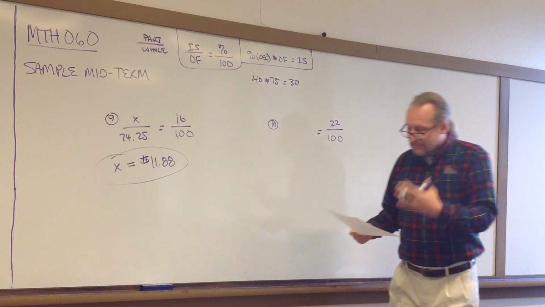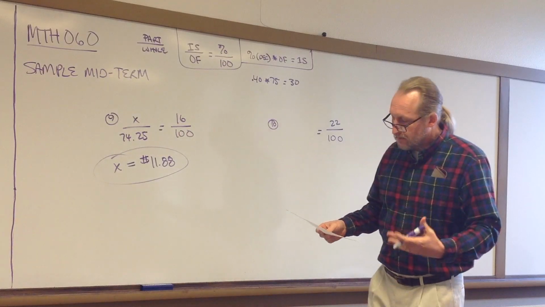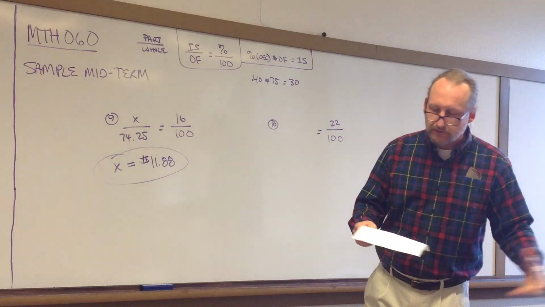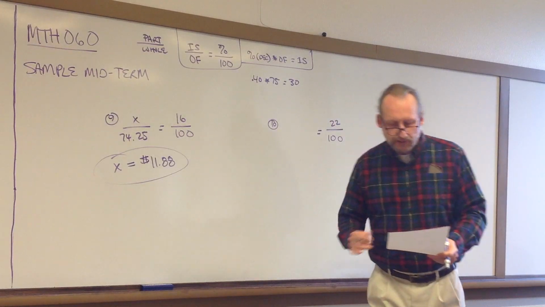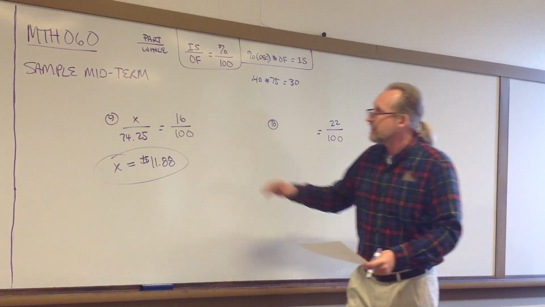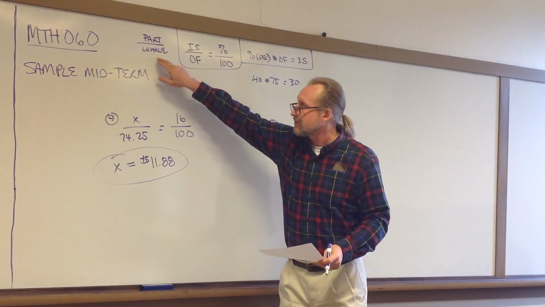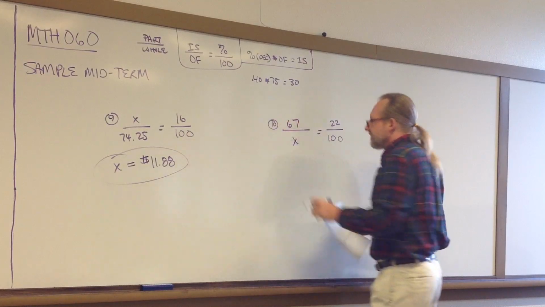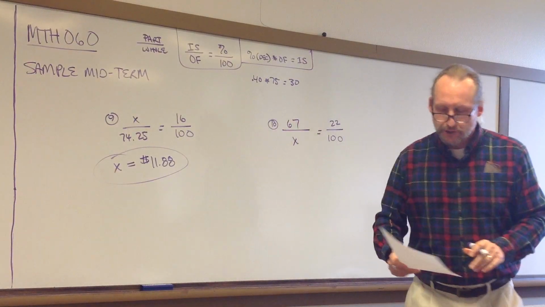Well, it's the part because it's a part of the recommended daily amount. And notice the last sentence asks, what is the total recommended daily amount? That's an indication that that's the whole. That's what we're looking for. And the 67 that we're talking about is just a part of that.